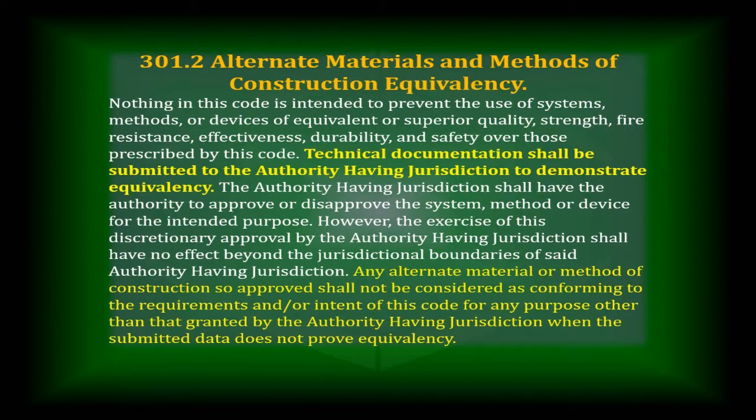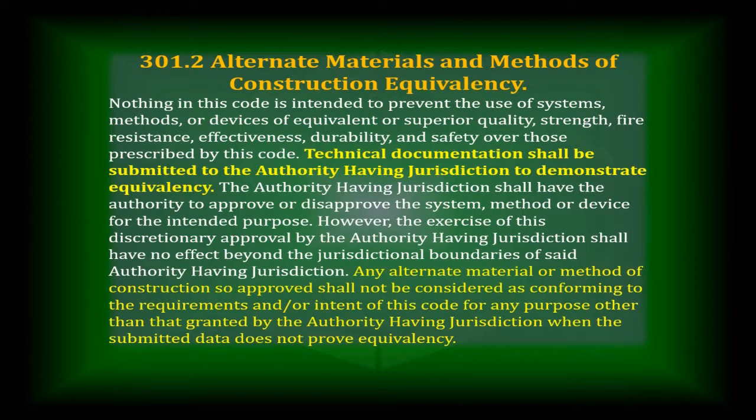The authority having jurisdiction shall have the authority to approve or disapprove the system, method, or device for the intended purpose. However, the exercise of this discretionary approval by the authority having jurisdiction shall have no effect beyond the jurisdictional boundaries of said authority having jurisdiction.